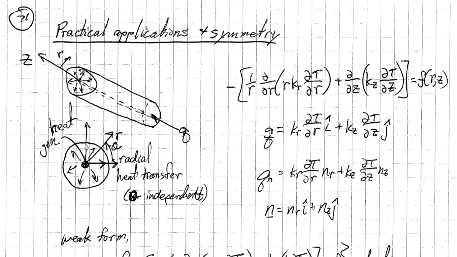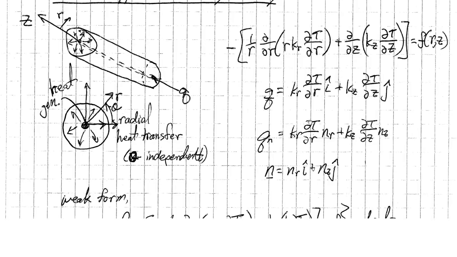You've got a theta, but we're going to define this as theta independent, or axisymmetric. And the ODE that governs this heat transfer, so here's the radial heat transfer. Here is the variation in heat transfer effects in the Z direction. And here's some kind of source term.